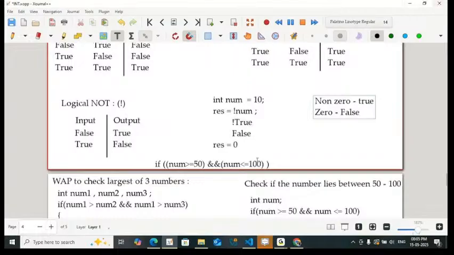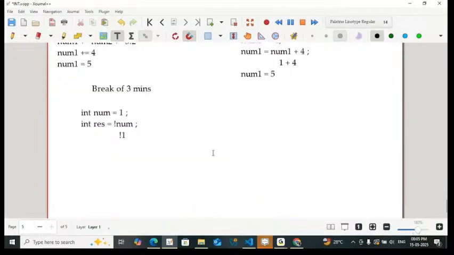Here it is a non-zero value. Because it's a non-zero value, I am going to treat it as true. So not of true gives me false.